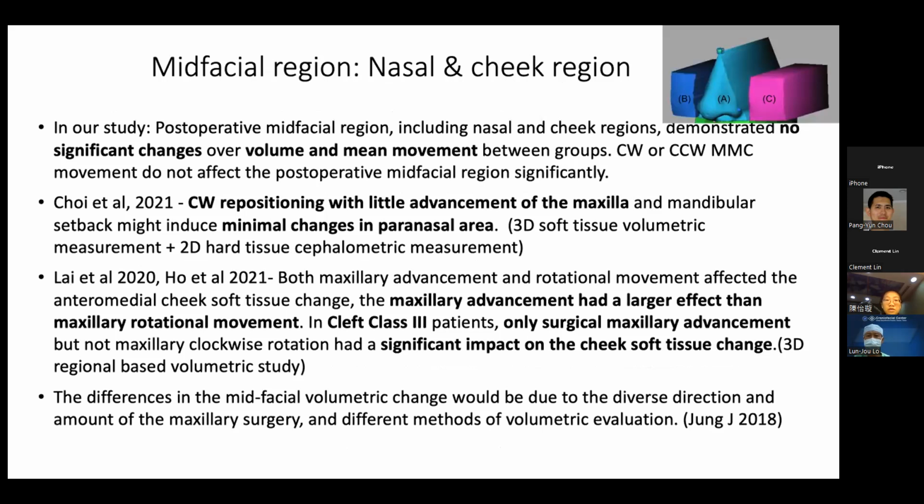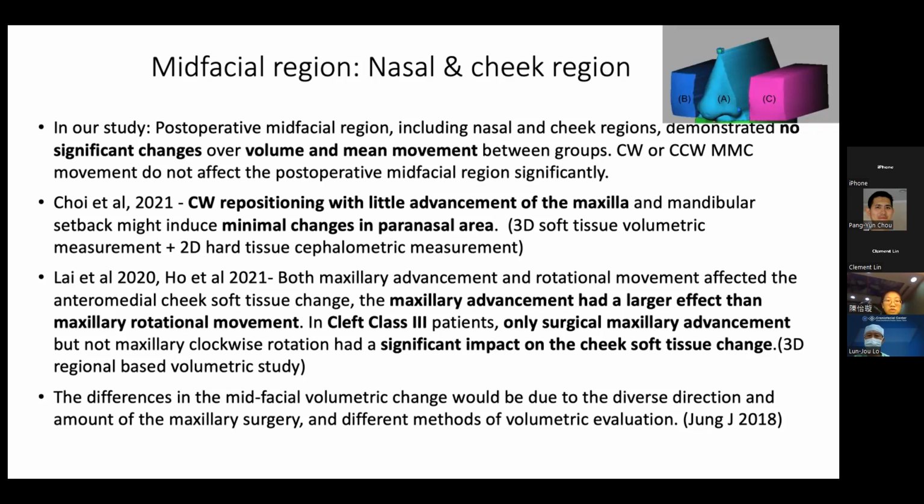As for the results in the mid-facial region, including nasal and cheek region, in our study, the postoperative mid-facial region did not show significant changes over volume and mean movement. So the counterclockwise or clockwise MMC movement does not affect the postoperative mid-facial region significantly.